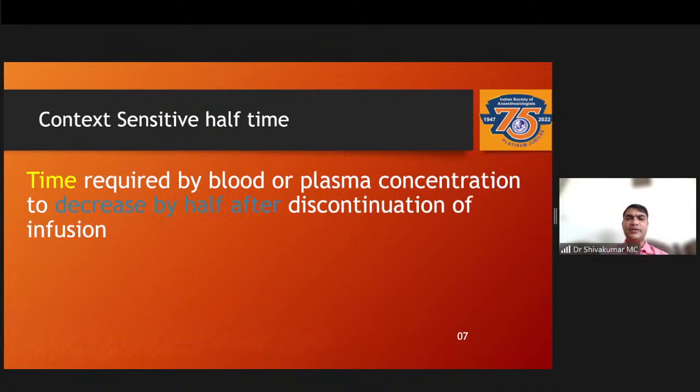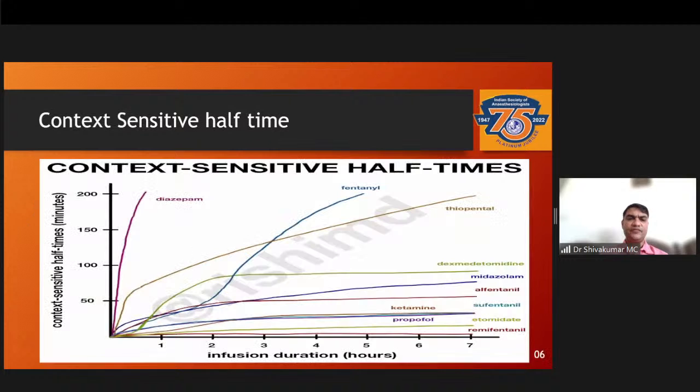I have already discussed what the context sensitive half time is. You can see this very important thing, the context sensitive half time for various drugs. Diazepam has a very high context sensitive half time. Even with a brief infusion, even less than half an hour, the time taken will be more than 200 minutes to decrease by half.